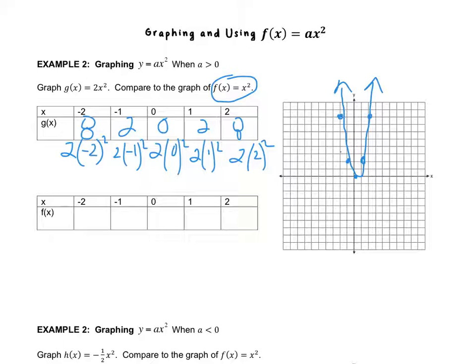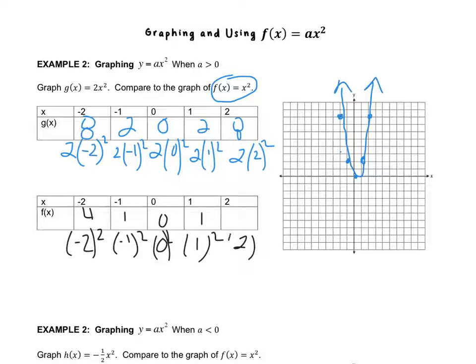Then they asked us to compare this to the graph of f of x equals x squared. Well, we first need to know what that looks like. So if I go through that same thing and make my graph, I would have x squared: -2 squared is 4, -1 squared is 1, 0 squared is 0, 1 squared is just like -1 squared, and 2 squared is just like -2 squared.